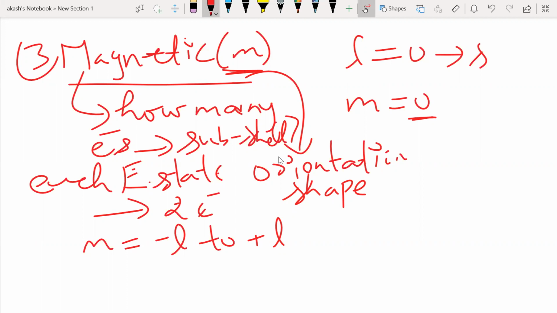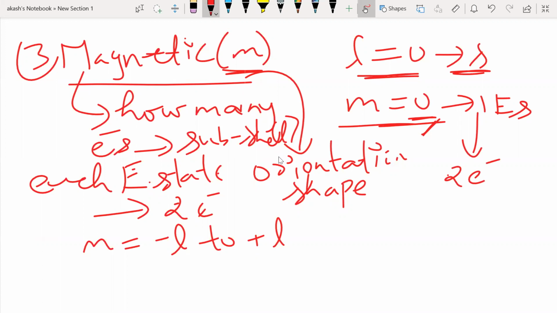Anyways, we'll not go into so much detail. For L is equal to 0, corresponding to s orbital, I have only one value of m, that is 0. That means there is only one energy state. The value of the magnetic quantum number doesn't matter, but how many magnetic quantum numbers you have, that's what matters. So obviously there can be only one energy state, so maximum I'll be able to put 2 electrons in s orbital. That's how it comes.